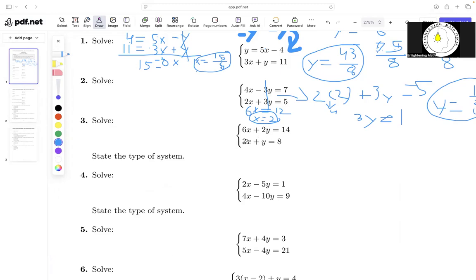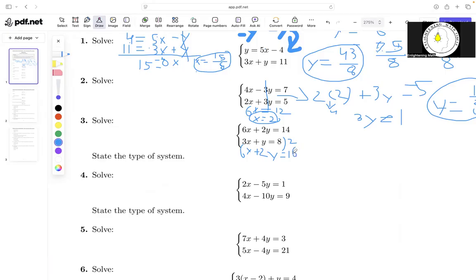So we'll multiply the whole bottom equation by 2 to get the 3x to become 6x. So let's multiply this by 2 and we get 6x plus 2y equals 16.